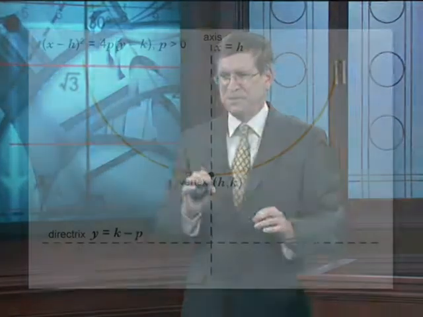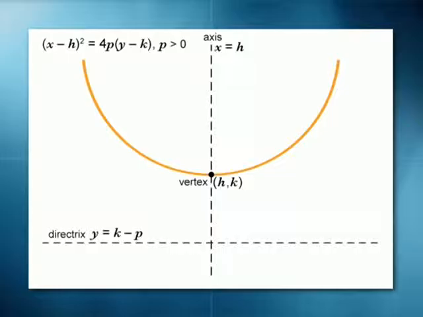Let me show you some pictures of how these equations work. Here's a picture of a parabola opening upwards. And its equation is (x minus h) squared equals 4p times (y minus k). And here's the case where p is greater than 0. And p is the distance between the vertex and the focus. So you see it indicated there, a positive number p.